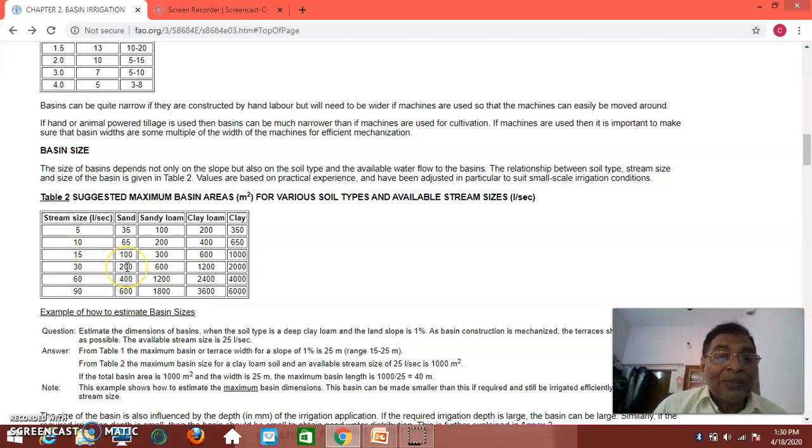So you can work out that for clay loam it is around 1000 square meters. If the basin area is 1000 square meters and the width is 25 meters, the maximum basin length is 40 meters. This is a practical way of designing your field size.